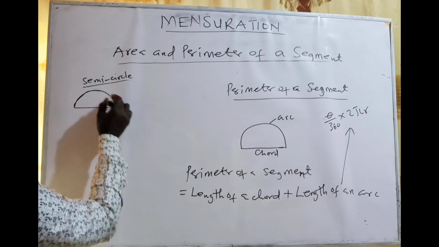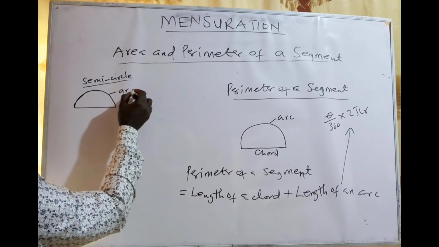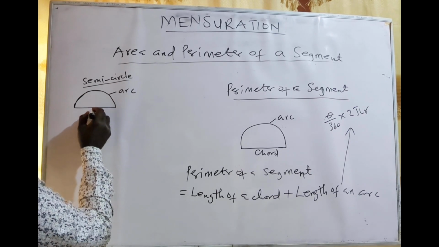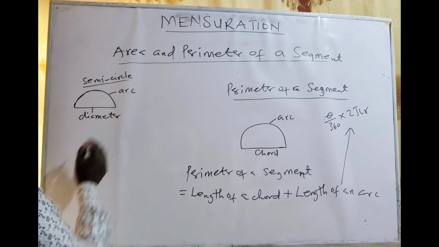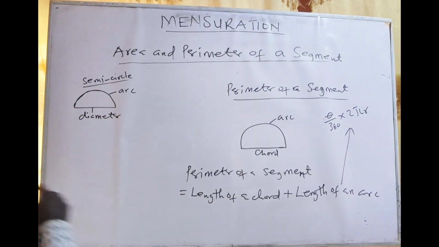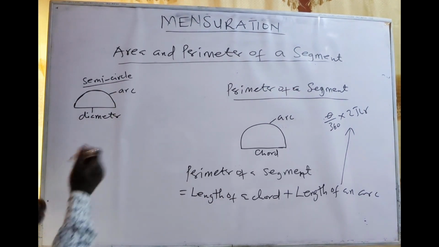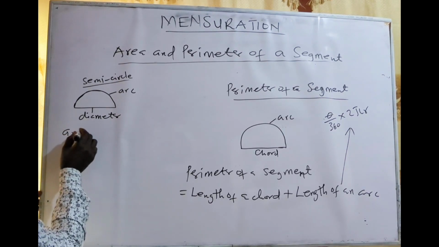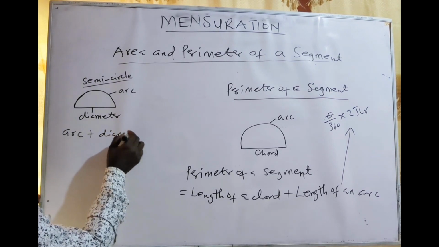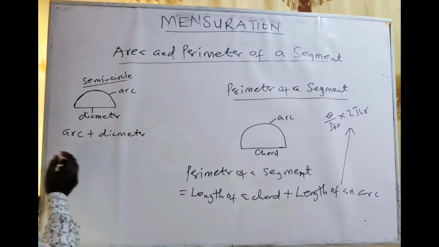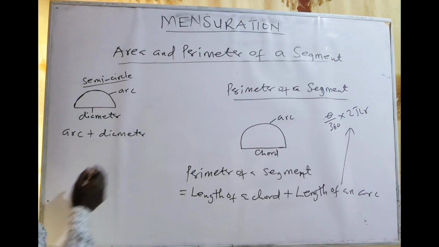I have an arc here, and this side is the diameter, because a semicircle divides the circle into two. So the perimeter of a semicircle will be the length of the arc plus the diameter.